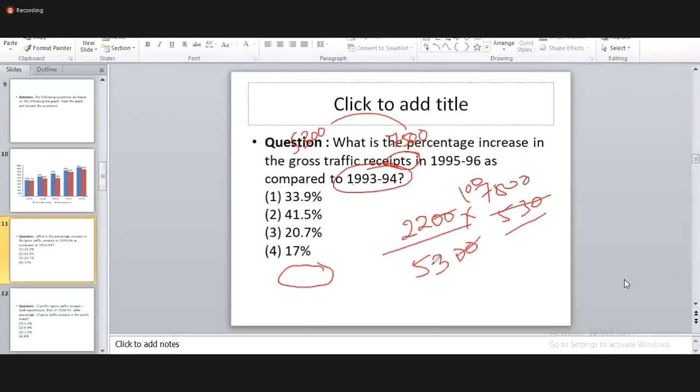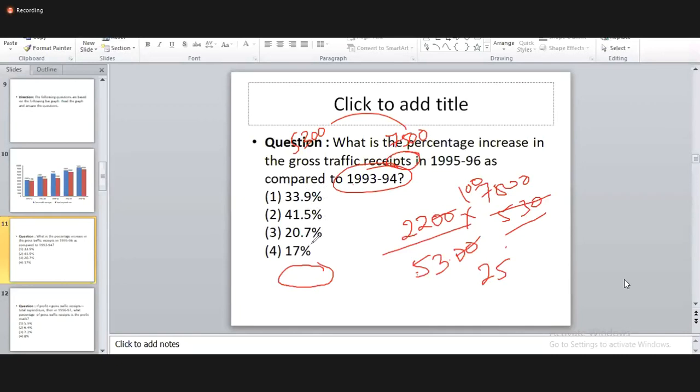Guys, tell me, what is 53 half? 50 half is 25. Okay, 53 half how much? Can I say 26.5? So definitely my answer is less than 50%, but all options are less than 50%, no?